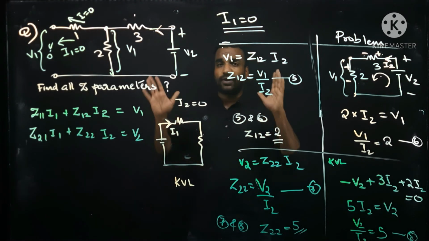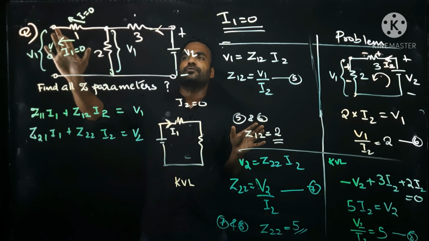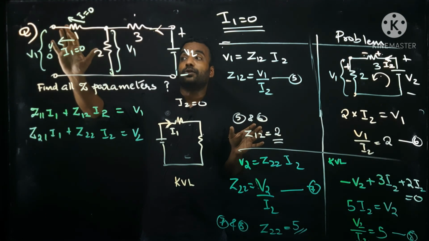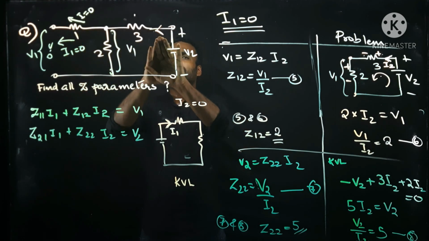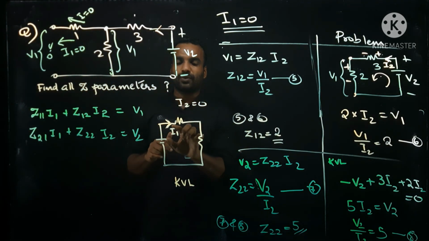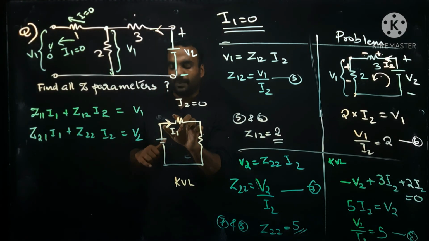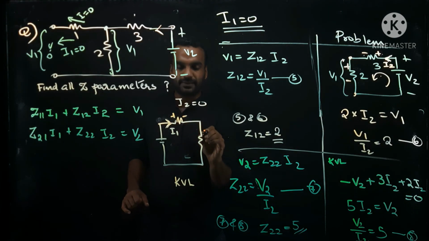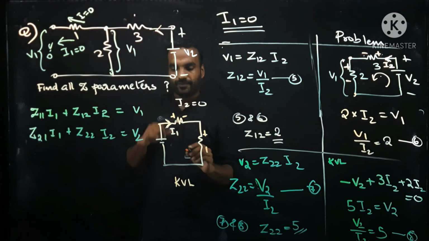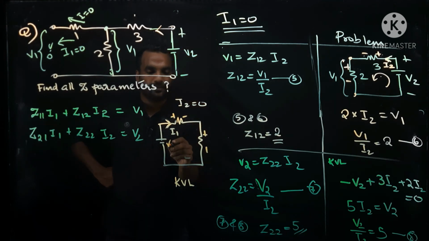So one and only thing you should be very careful about is how to mark the direction of polarity of each component. If I2 is equal to 0, you have to concentrate on the direction of I1. It should be coming from the plus. So in the first network, it should be plus minus and plus minus, and it is V. So what will be the KVL?